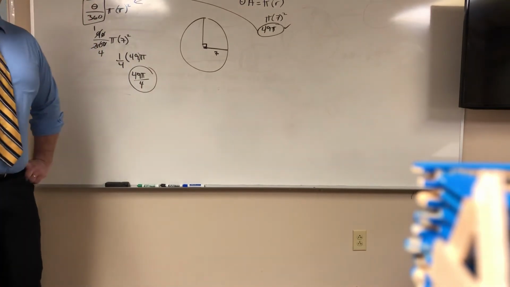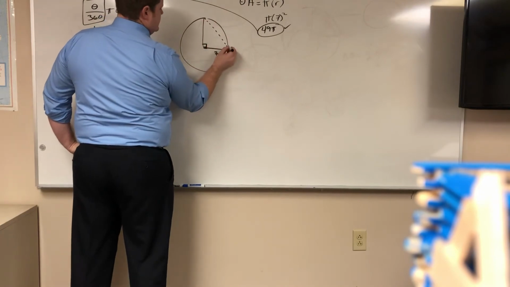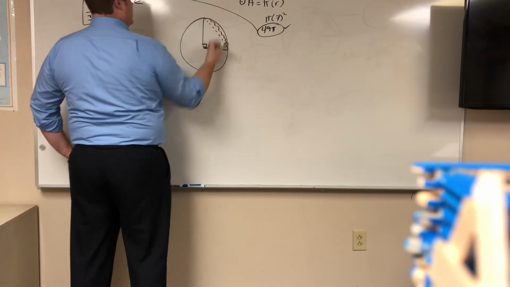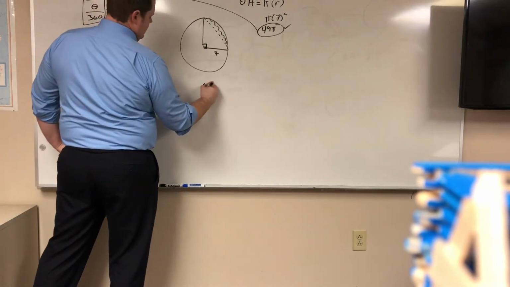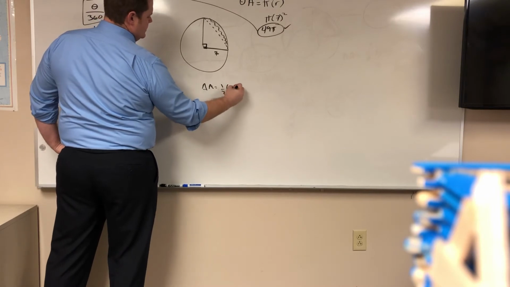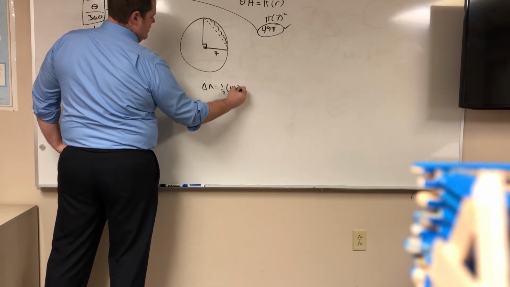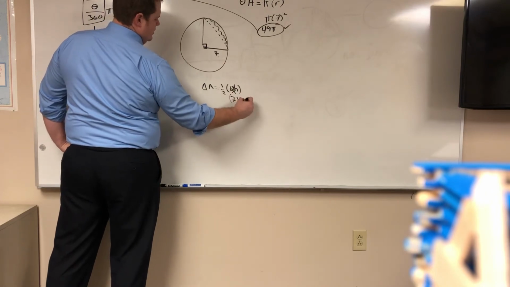Now, are we done? No, good. We want this little segment, remember, we want the crust. So what would the crust be? Well, what's my triangle? Area of a triangle is what? Area of a triangle is 1/2 base times height, right? What's the base? 7. What's my height? 7.